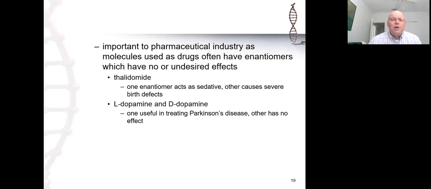Fortunately, the non-biologically active form of dopamine is biologically inert. So it is possible to give synthetic dopamine to offset the loss of dopamine from Parkinson's disease, at least for a while, because it turns out that eventually the synthetic dopamine has no effect.